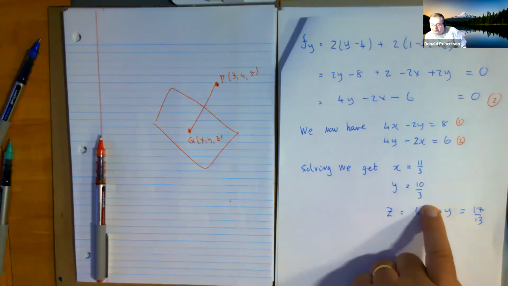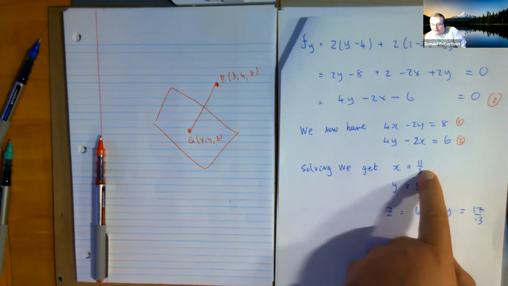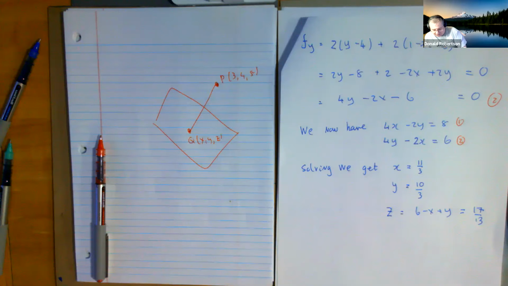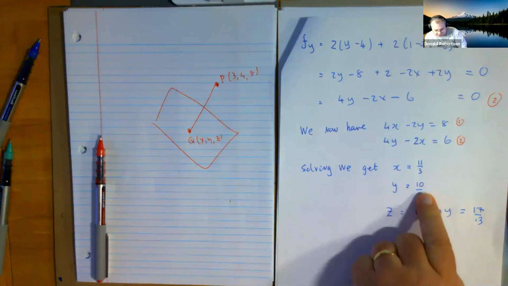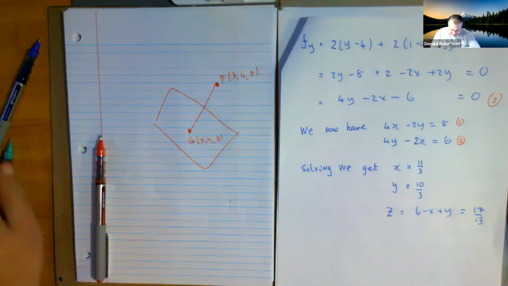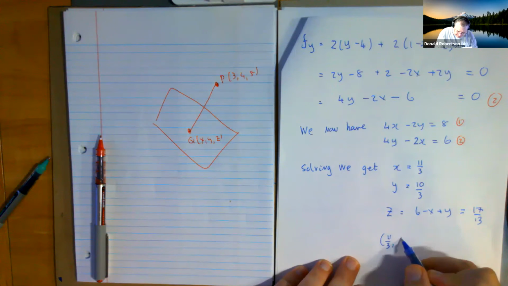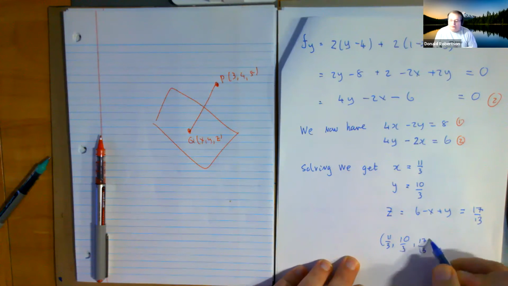If you solve them, I believe x is 11 thirds, y is 10 thirds, and z is 17 thirds. Now, in this case, you don't need to go any further. Since there's only one solution, it must be the one you're looking for. So x is 11 thirds, y is 10 thirds, and z is 17 thirds. That must be the closest point on the plane to what you're doing.